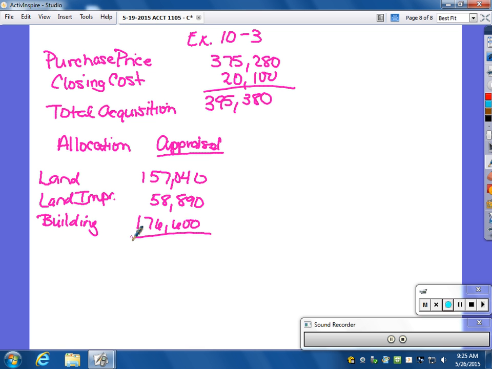When you add all those together, what do you get? $392,600.